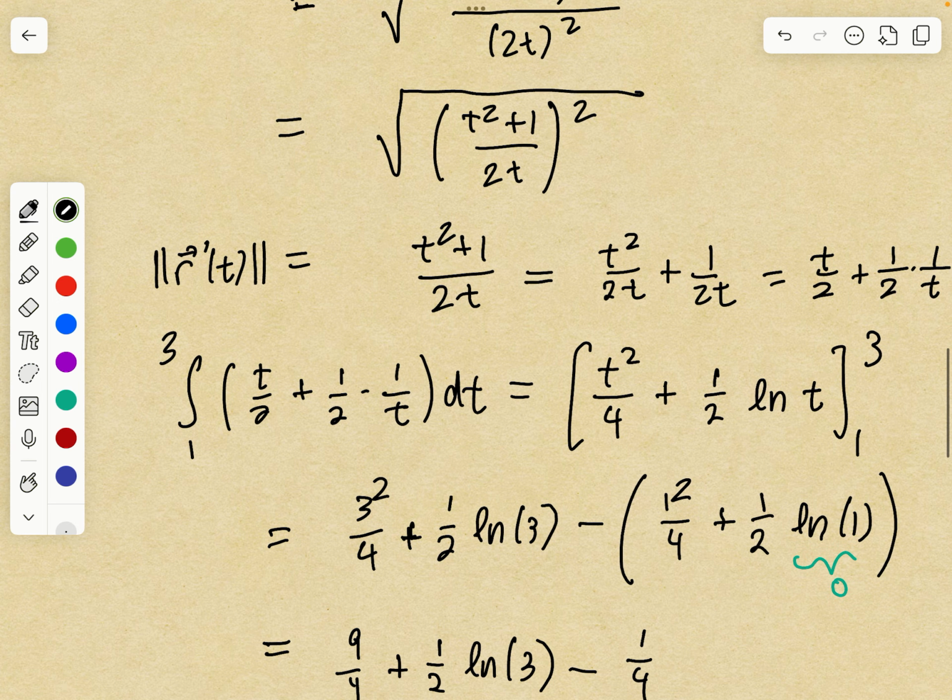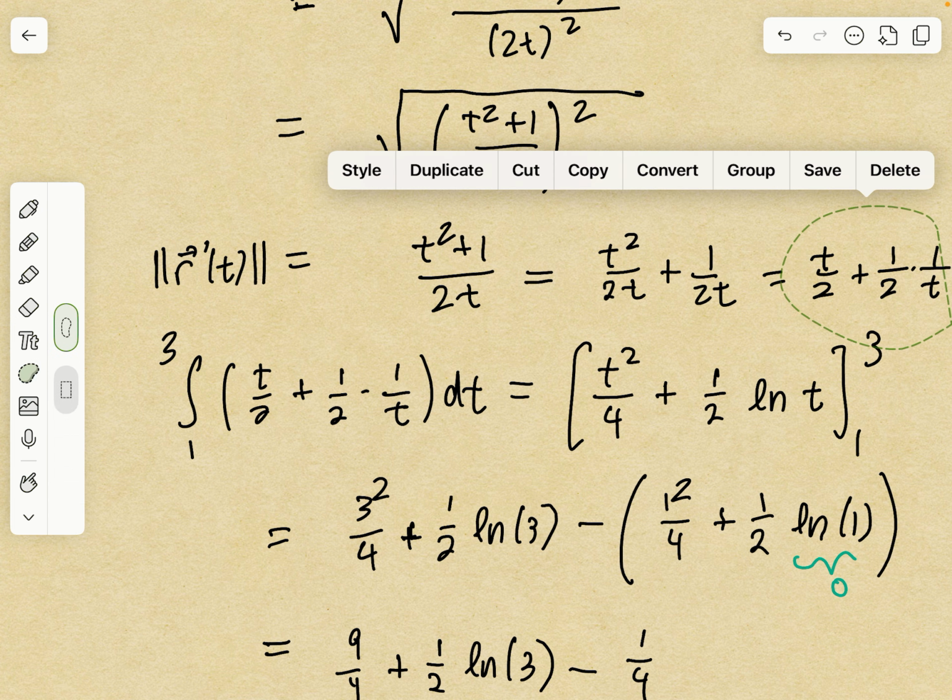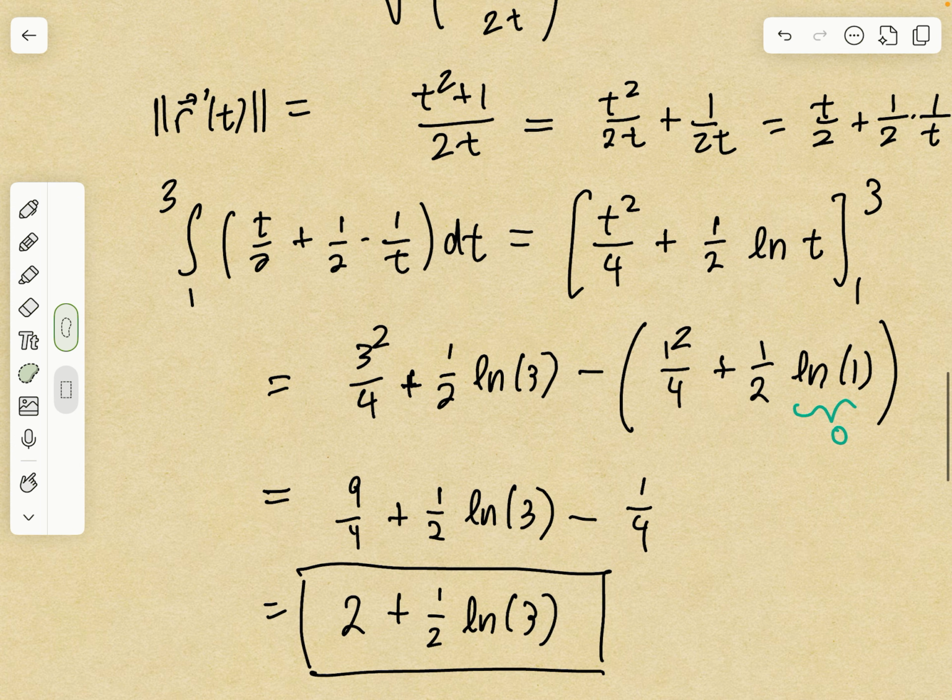So basically this problem was set up so that you'd be able to remove this square root that's in the integral. So once you write the magnitude of r prime of t like this, then it's not very difficult to finish the problem, to just do the integral. Okay, thanks.